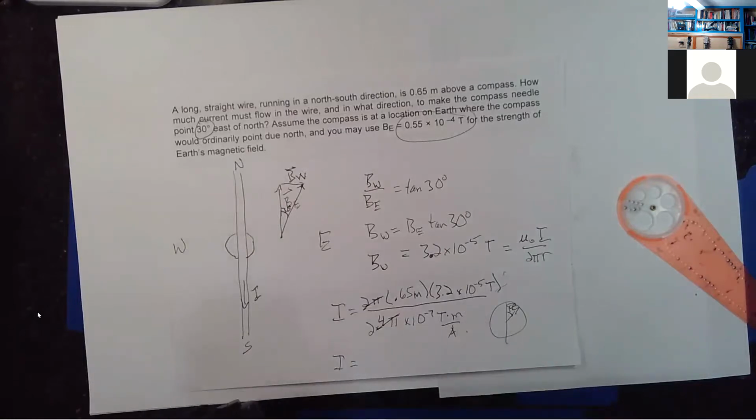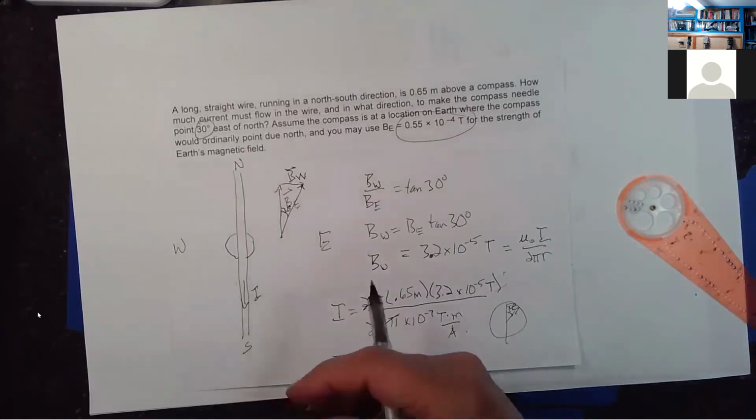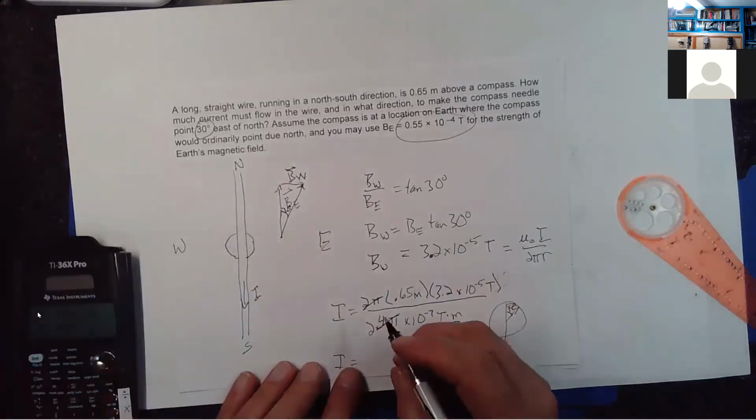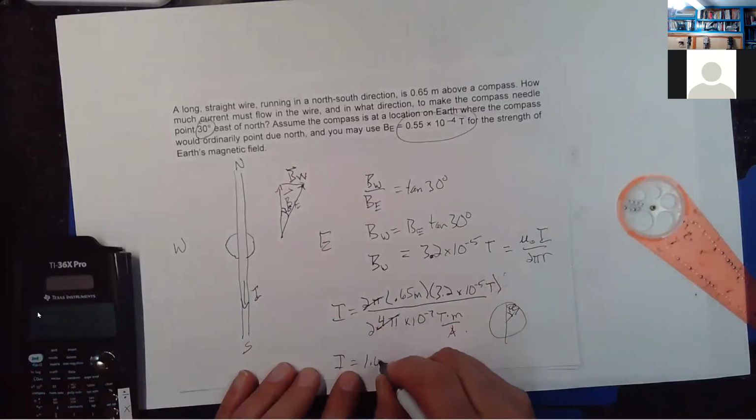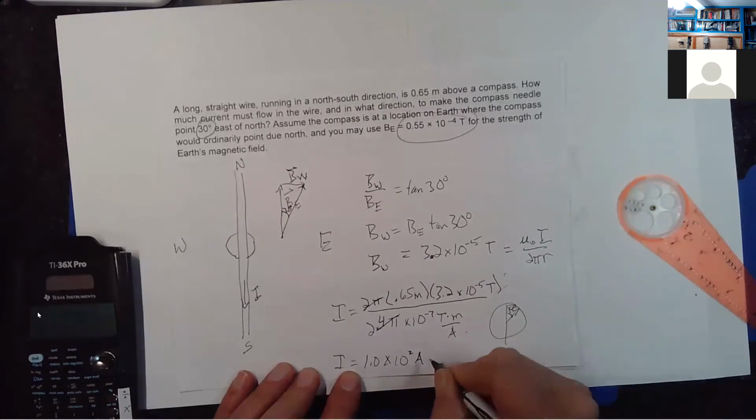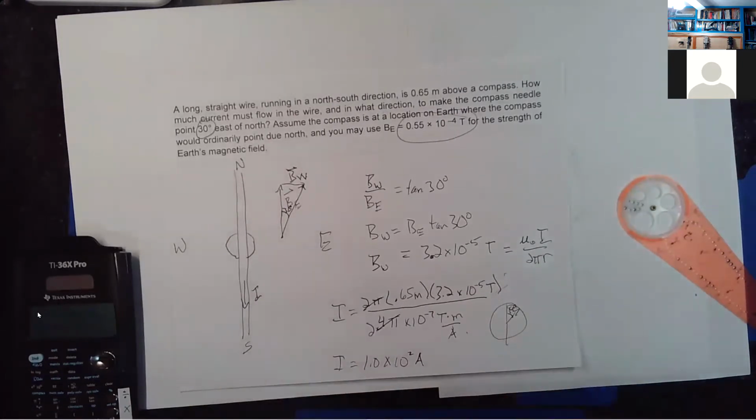That times 0.65 meters. I think I get about 1.0 times 10 squared amperes if I didn't foul up punching that stuff into the calculator.